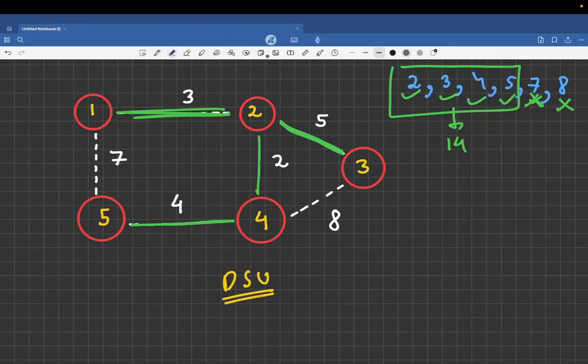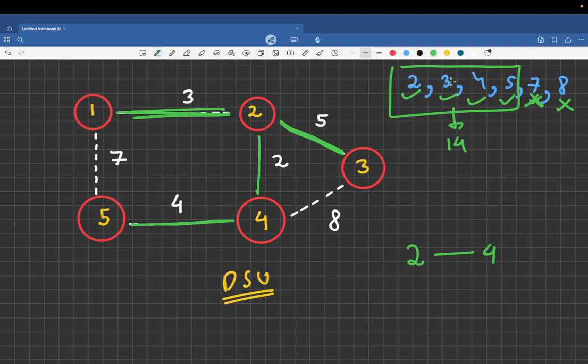This is because node 1 and node 5 belonged to the same component. When you took the edge with weight 2, what you did in your DSU, you told that 2 and 4 belong to the same component.